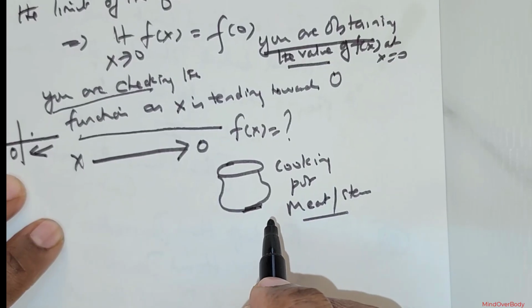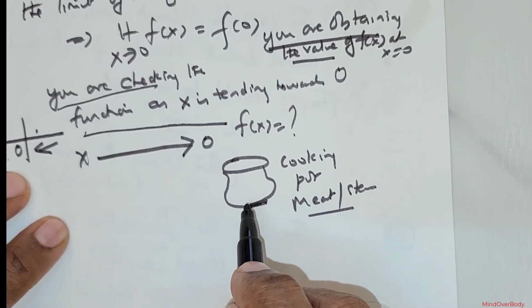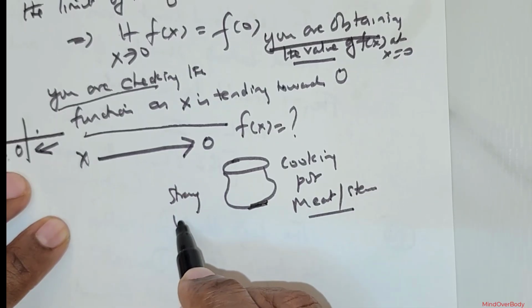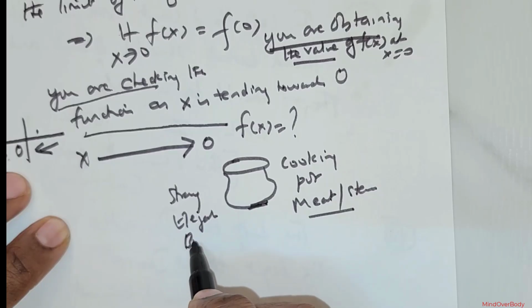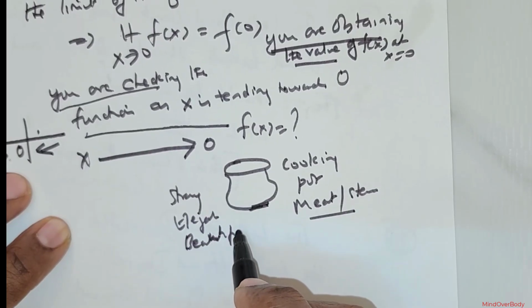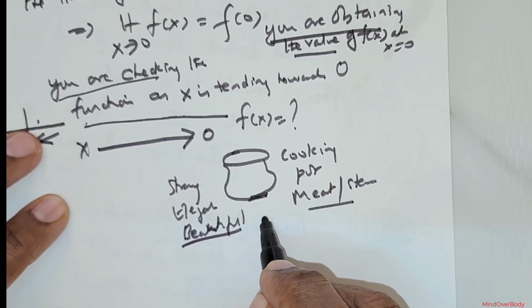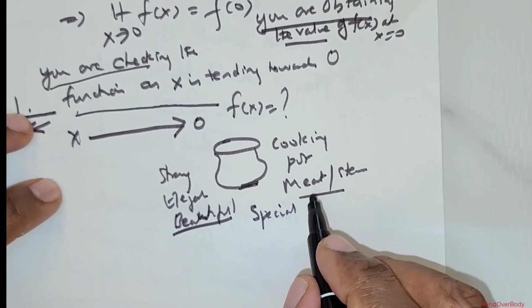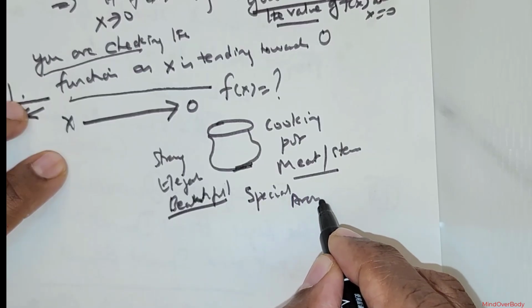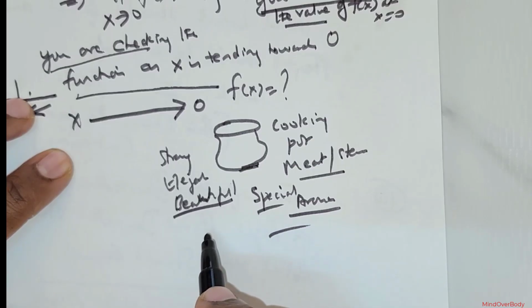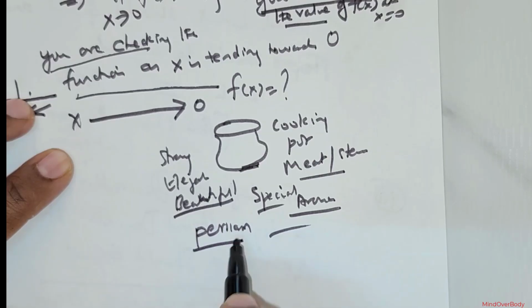You are saying this pot is strong, elegant, beautiful, and if you cook in this pot, you will enjoy the special aroma. You can name anything you want, right? And this is more like it will give you the Persian style of cooking.